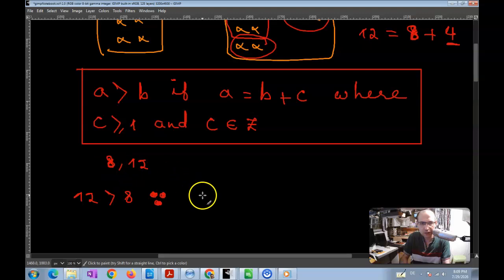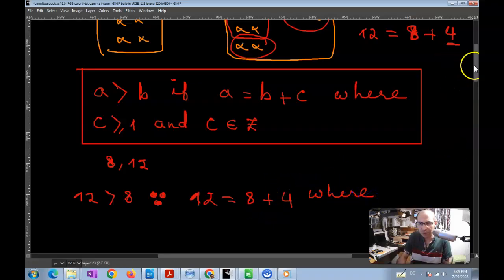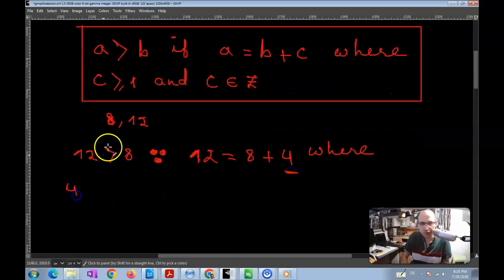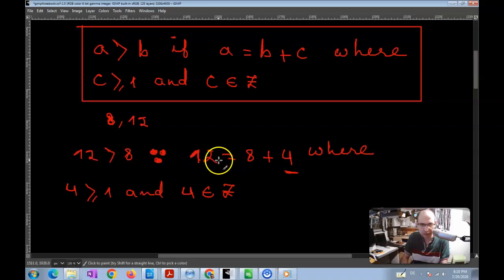Because A is equal to B plus C, which means that 12 is equal to 8 plus some C, which in this case is 4, where this number 4 is greater than or equal to 1, and of course 4 belongs to the set of integers. That means that, of course, in the number 12 there is already an 8 and another additional 4, which means that 12 is greater than 8. That's all that this statement is talking about.